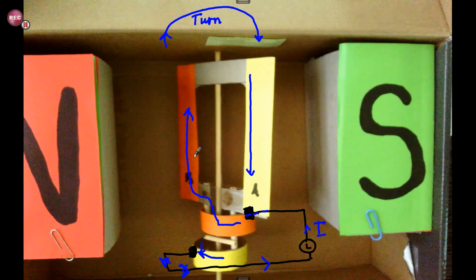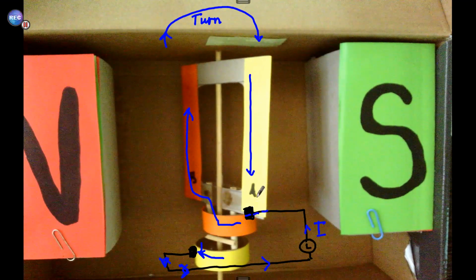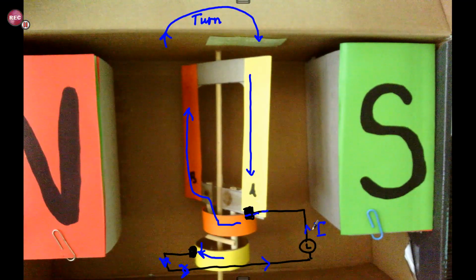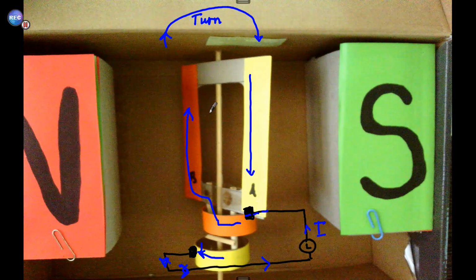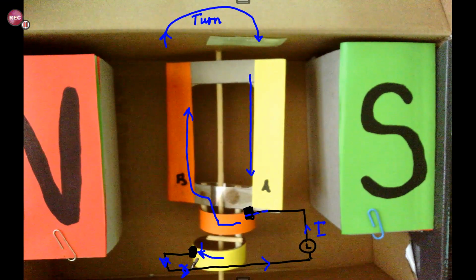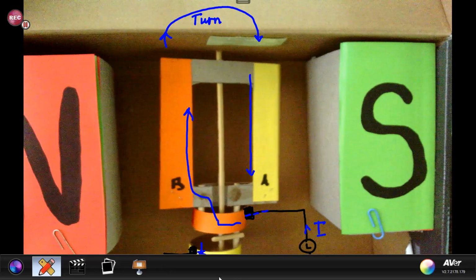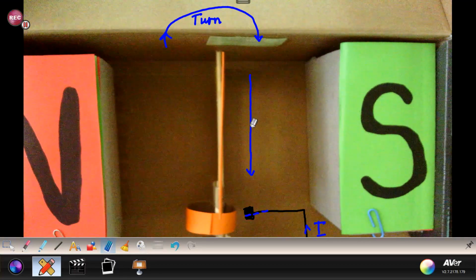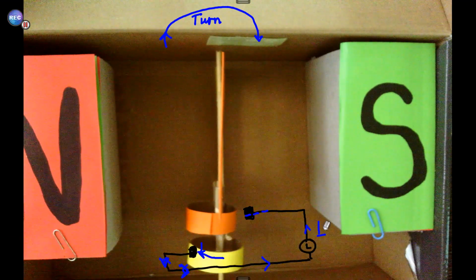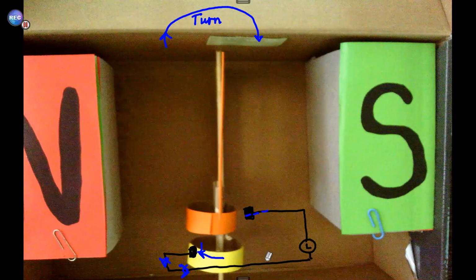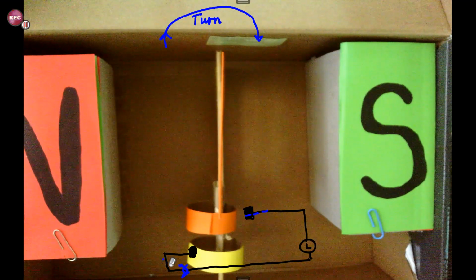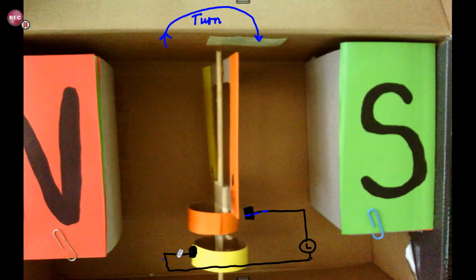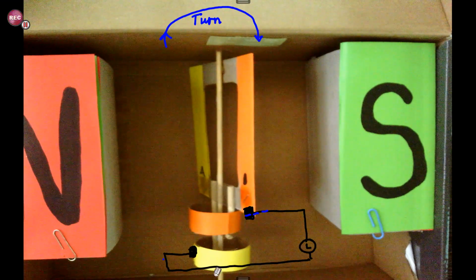Let's go again. Okay? So remember, the current comes out through A and it flows through our external circuit into B. Now, as we turn it that way, when we get to the vertical position, there is no current. No current in the vertical position. Just try and do this more carefully. No current when the coil is in the vertical position. Now A is where it was when we started.